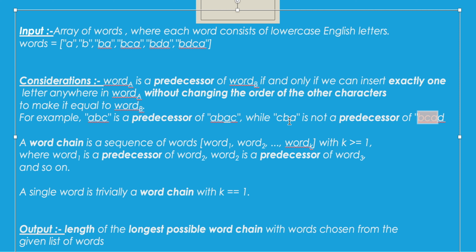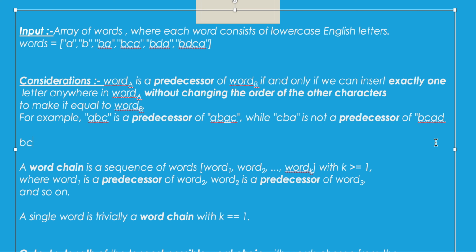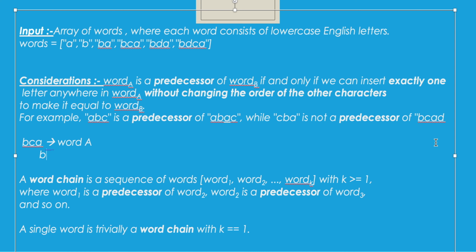A successful predecessor of BCAD can be BCA. So if a word A is BCA, we can insert D at the end to make it BCAD.